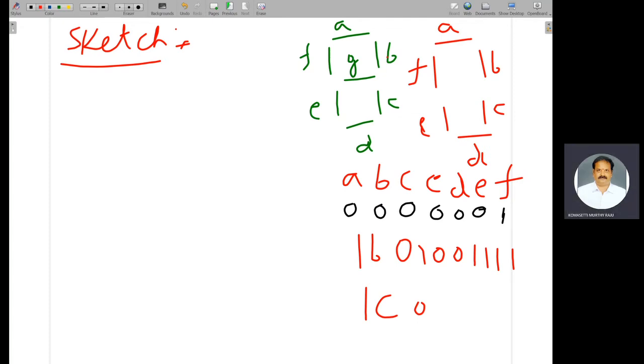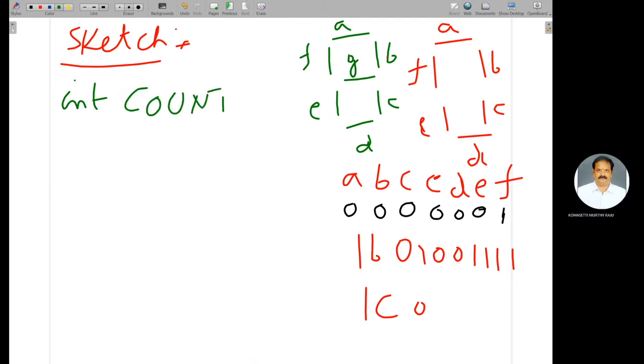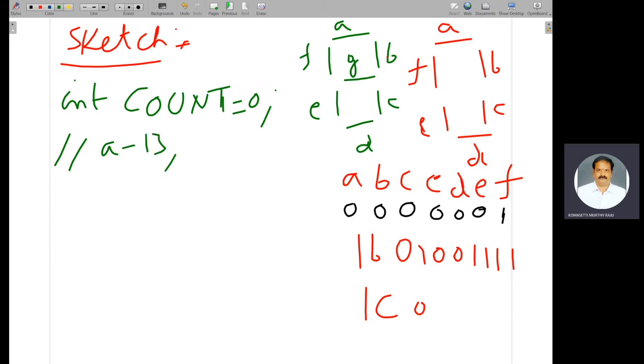Display the numbers from 0 to F. Sketch one, important sketches. Here we use a switch case. Integer count is equal to 0. Initially count is assigned to 0. A segment is assigned to the 13th pin of the Arduino.